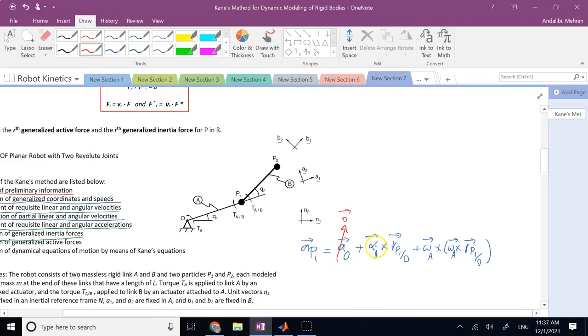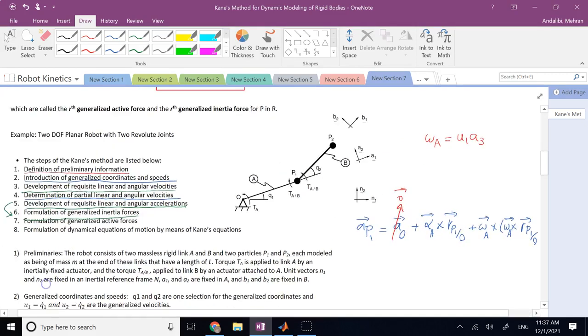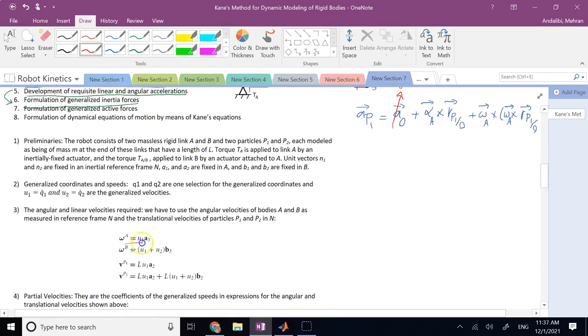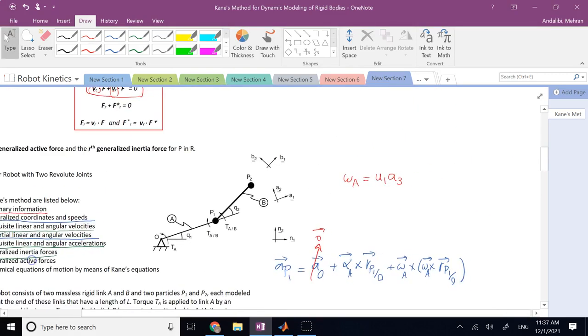As I said, we know this guy is 0. Alpha of A, remember omega of A was what? Was U1 in the direction of A3, correct? That's what we had right down here. So what is alpha of this member? Alpha of A is definitely U1 dot in the direction of A3, correct?